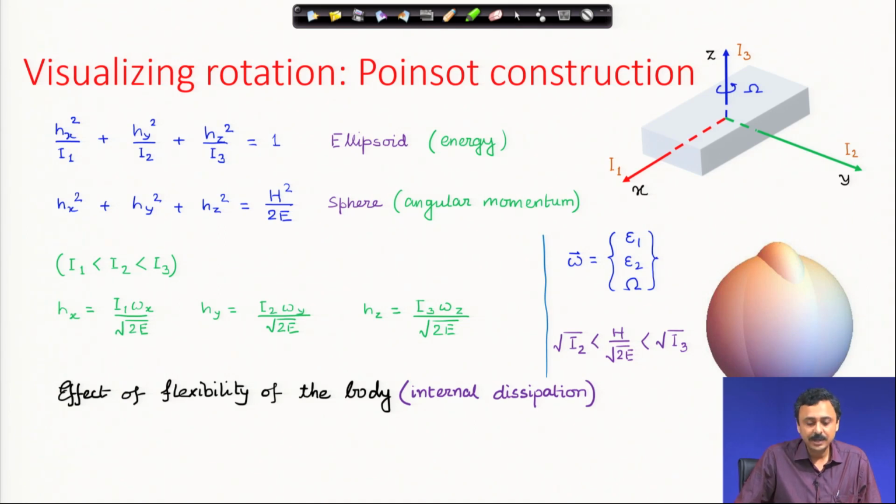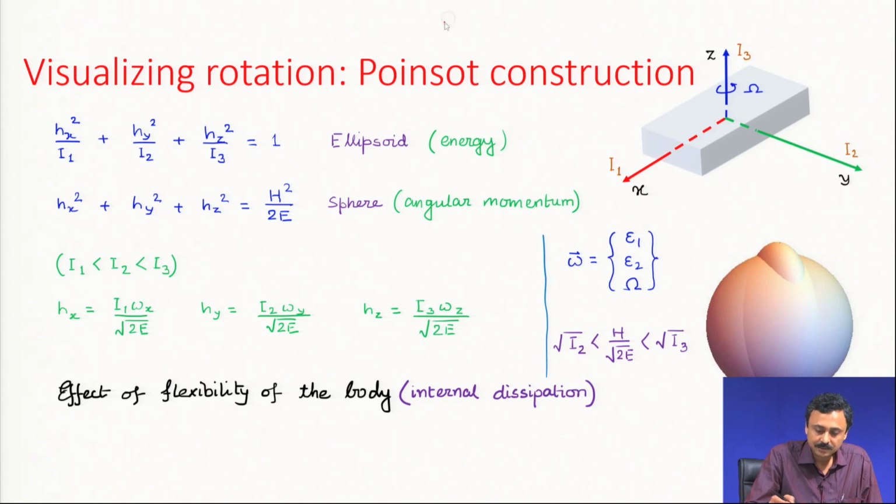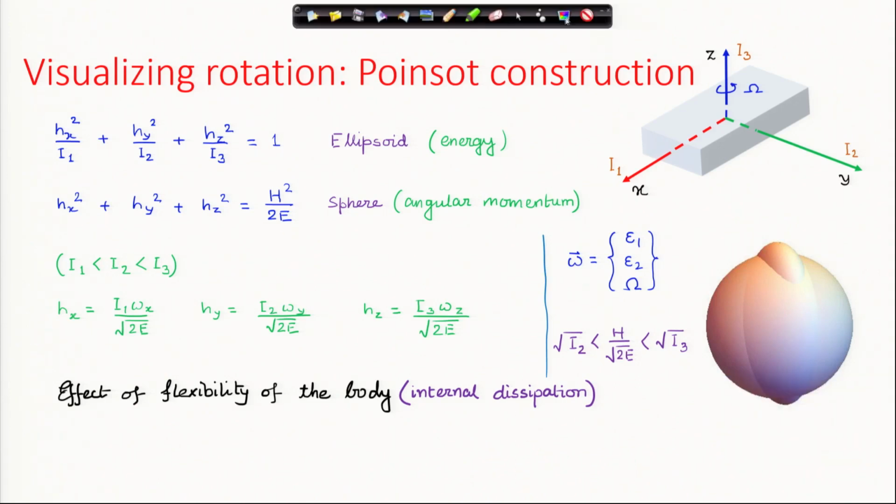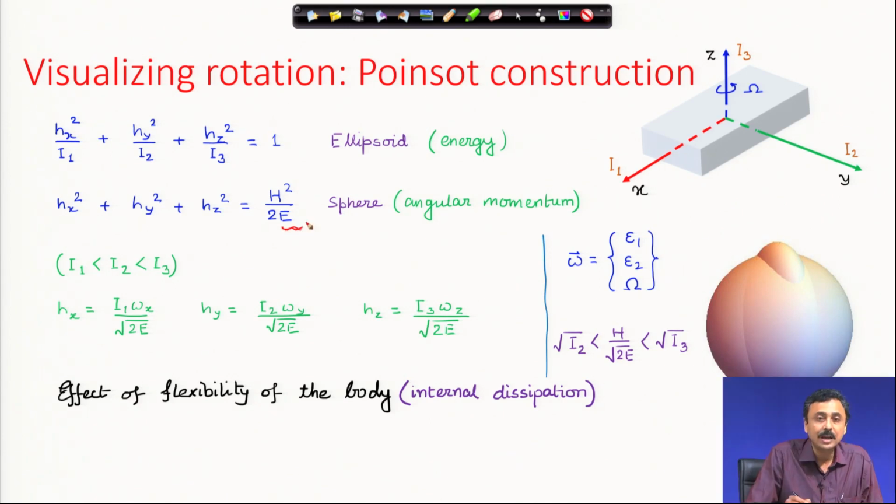And when energy dissipates, E is going to reduce slowly, very slowly, because the flexibility may be very low and the internal dissipation is very low. So, this kinetic energy of the body will slowly damp out.